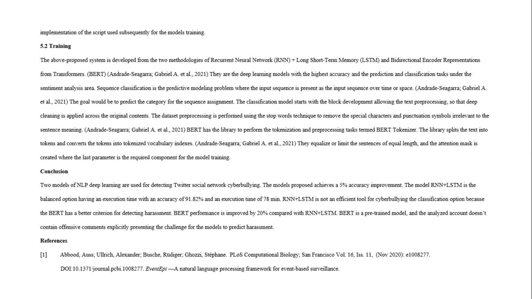The models for deep learning using natural language processing are used to detect cyberbullying on Twitter's social networks, and it has been predicted that they are capable of achieving a 5% improvement in accuracy.